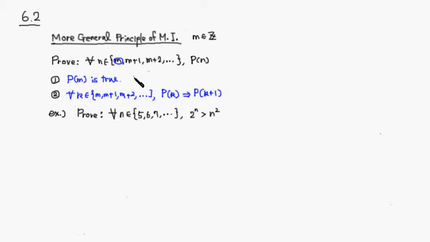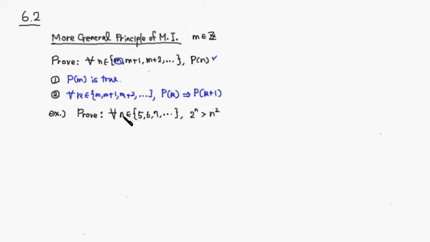Once you have those two things, then we can establish that for all integers n starting from m, P(n) is true. So let's use that to prove this statement.